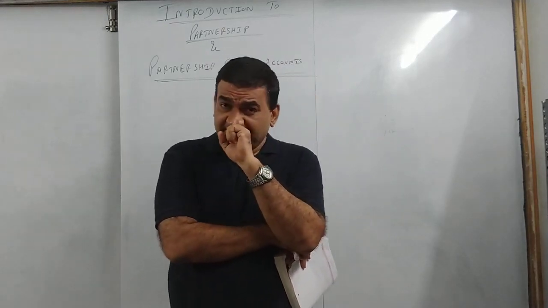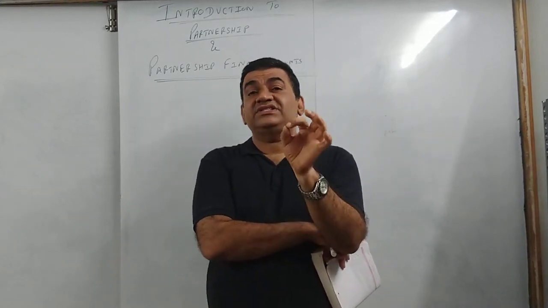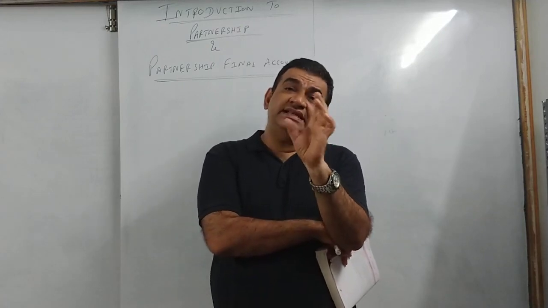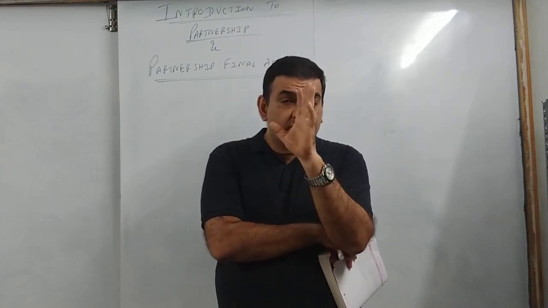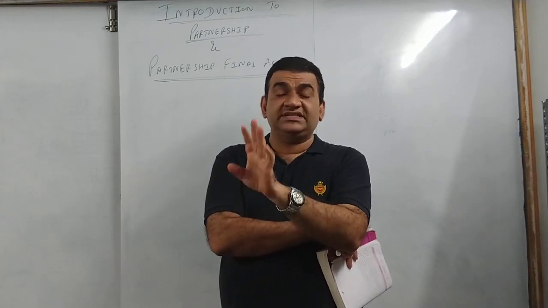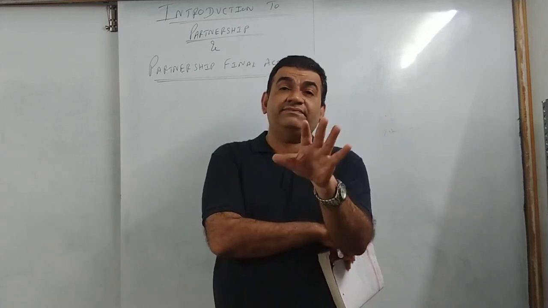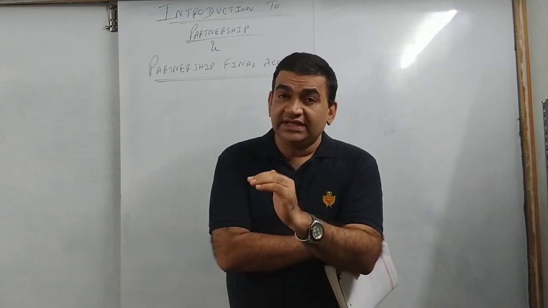Now say for example, there are two partners, Mr. A and Mr. B. Mr. B doesn't stay in India. But what has happened? He has a relative in India, Mr. C. He tells C, you look after the business in my presence. So what C is doing?